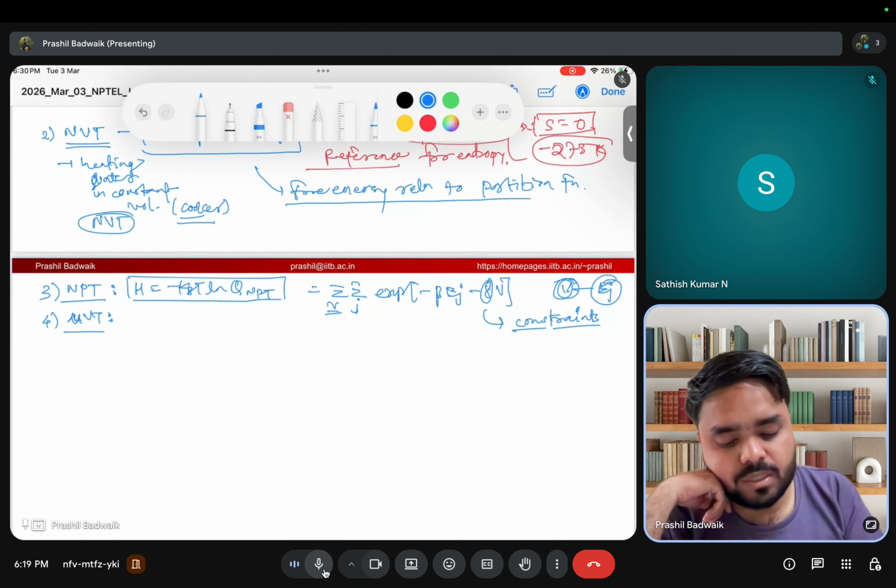Similar to this, which is NPT, what is the answer for mu VT?